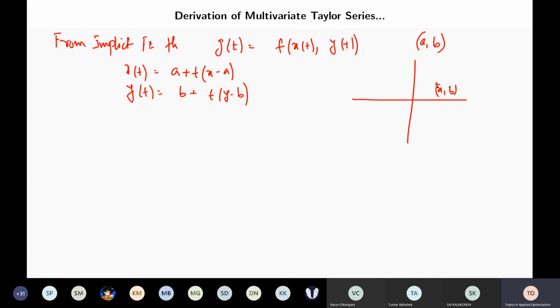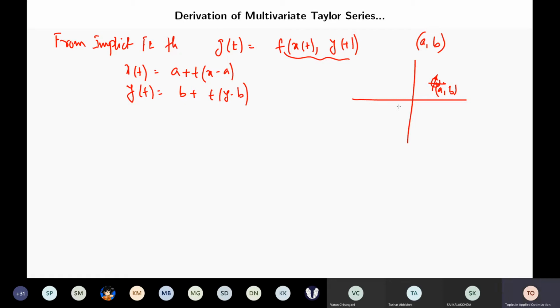Okay, so we are saying that we can traverse some direction around a and some direction around b. So this is giving me the small neighborhood that I'm looking for. And around this neighborhood I can parameterize the function.